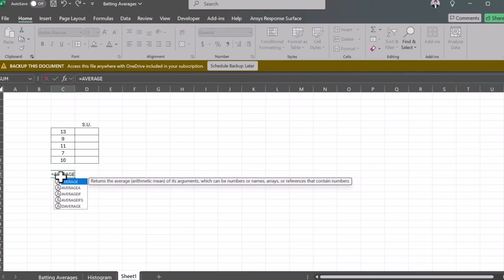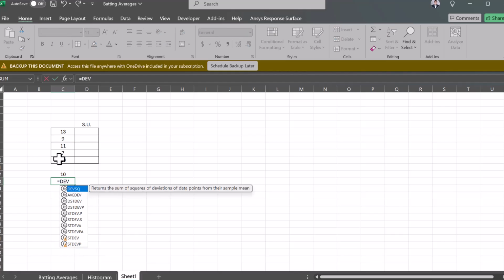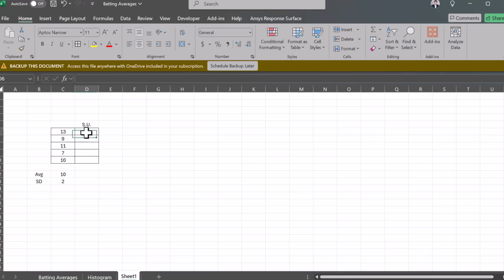What's the average? What's the standard deviation? Okay, what formula do we use? We want the value minus the average. F4 here, because we want to fix this cell reference, right?